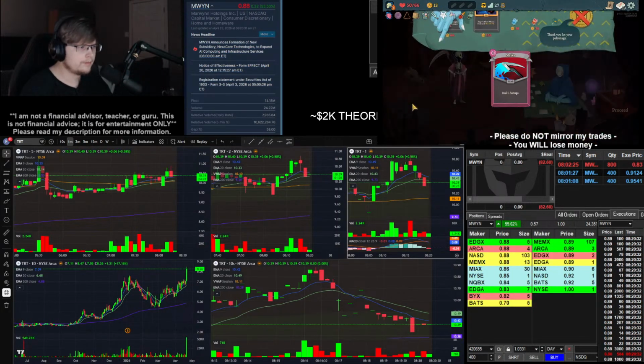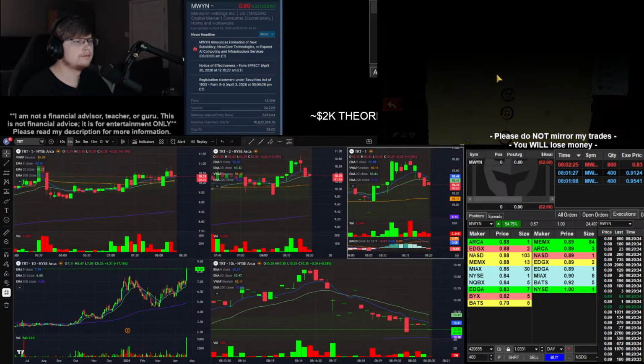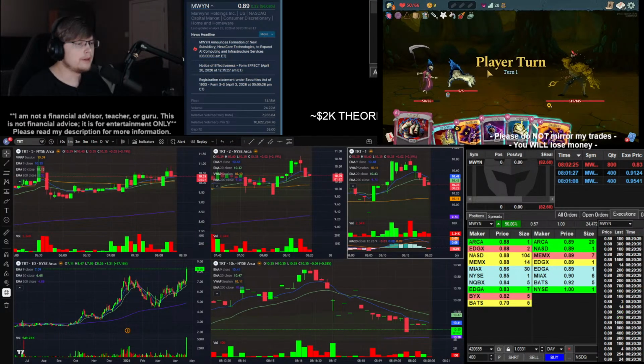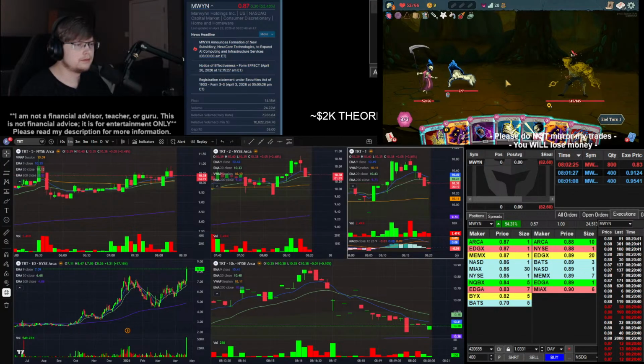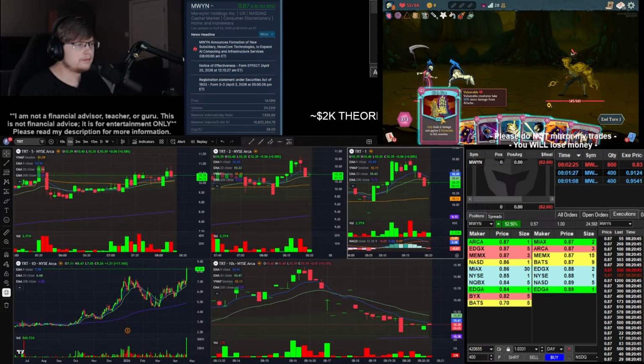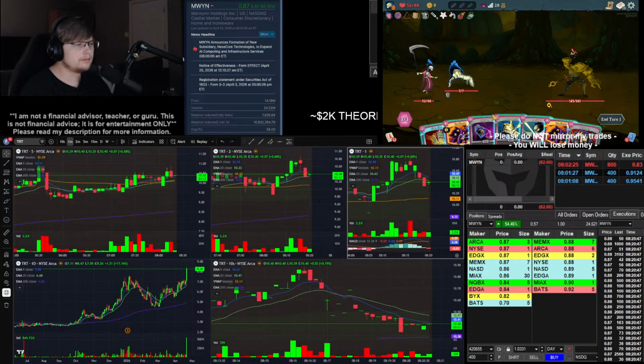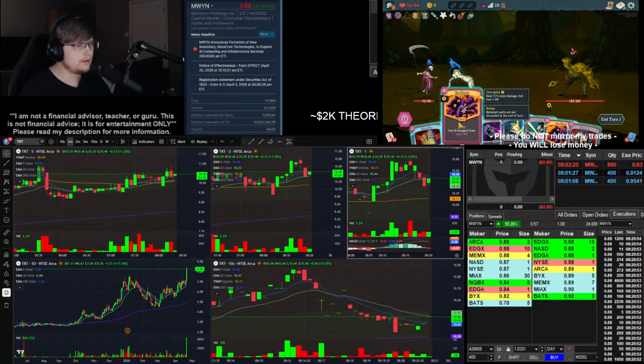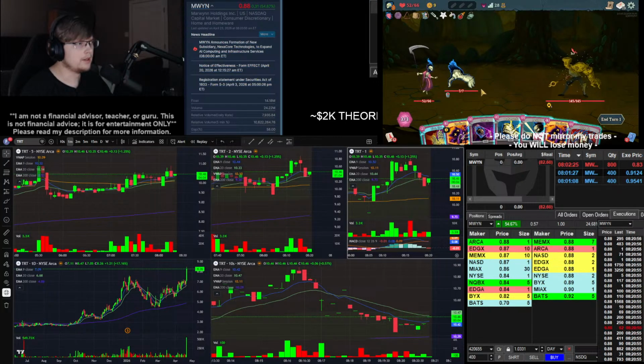Shadow Strike. Well, this guy is no fun. Do I just want to try and kill him next turn? I could just do 1,000,000,000 damage.